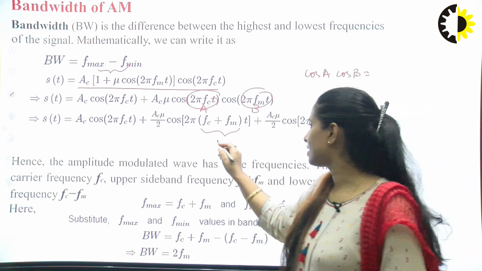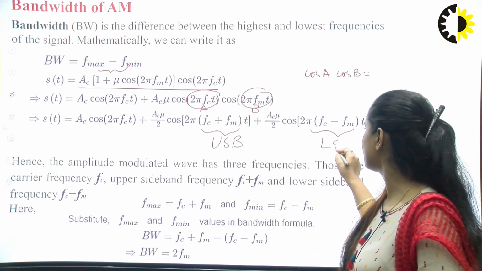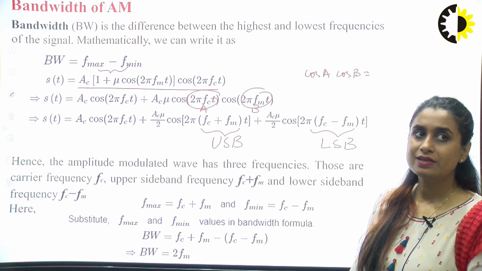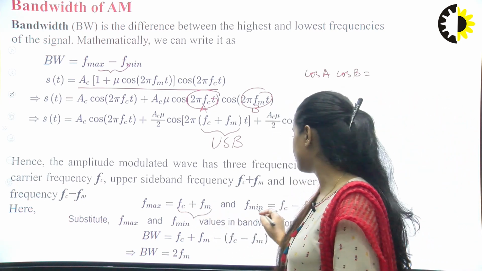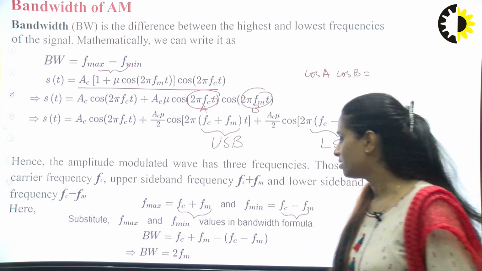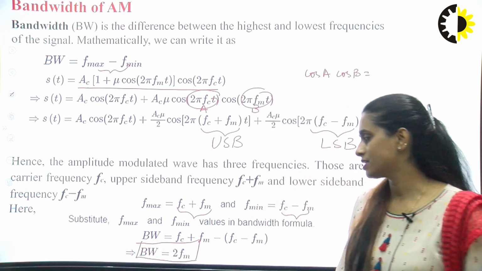So this is called my upper sideband, and this is called my lower sideband in AM. When I calculate the bandwidth, that will be f max minus f min. f max is fc plus fm, f min is fc minus fm, and subtracting these two, we get the bandwidth of AM, which equals twice fm.